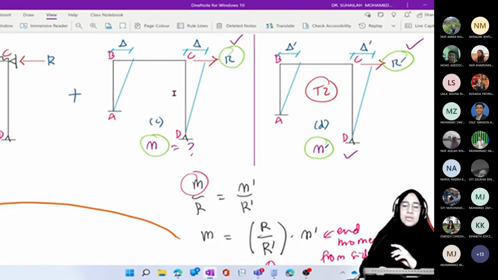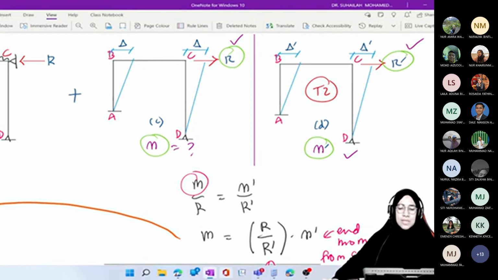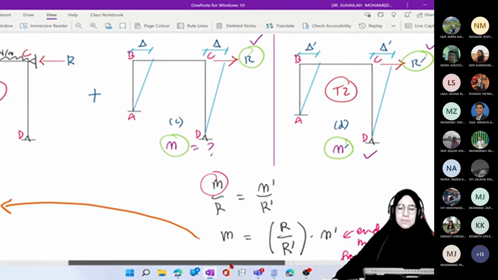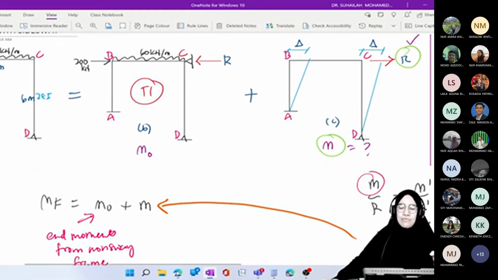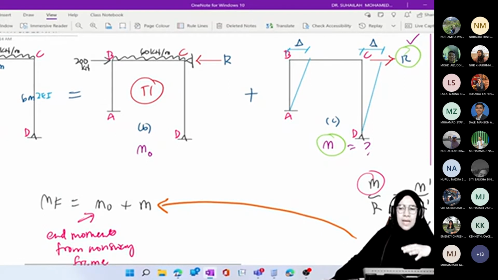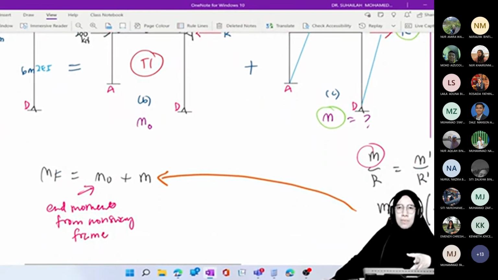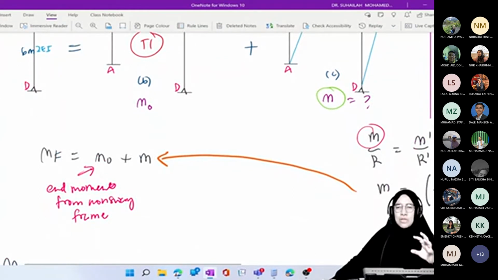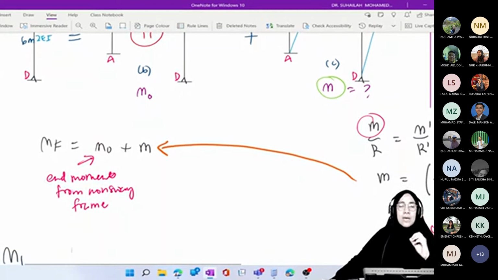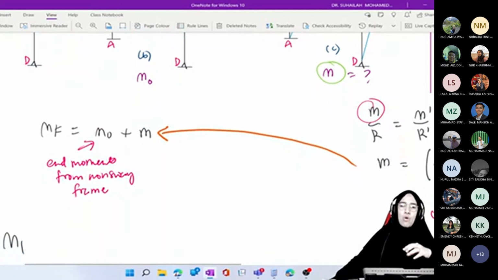Representing behavior of the frame during sidesway tu. So yang ni yang kita kena substitute dalam equation M final. So kita substitute balik R divided by R prime kali dengan M prime. So kalau saya tak sure you diploma dah belajar ke tak benda ni. Tapi kalau dulu-dulu punya student yang memang belajar frame ni juga dalam diploma punya syllabus, ramai student diploma memang dia belajar hafal je step.